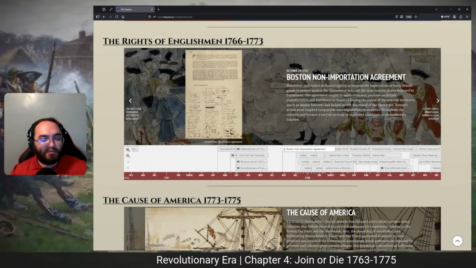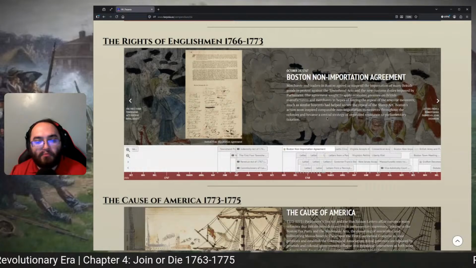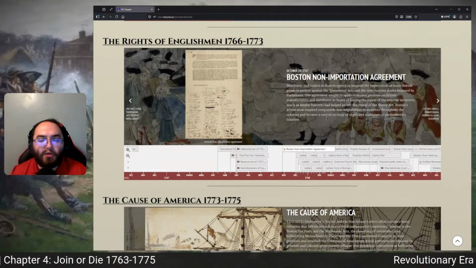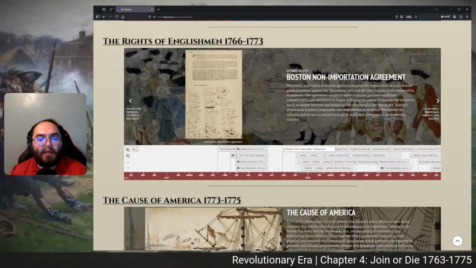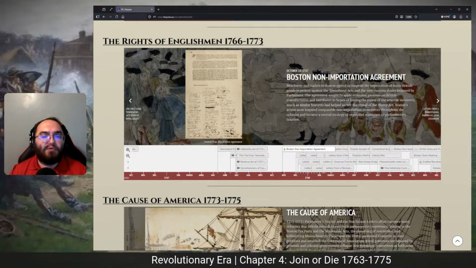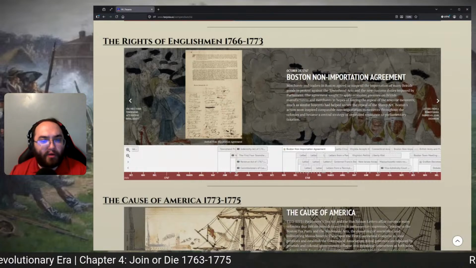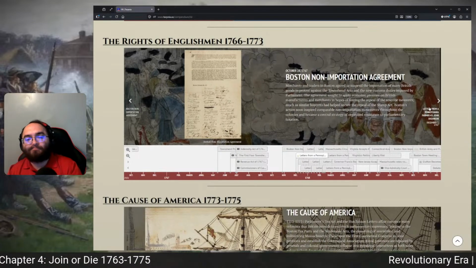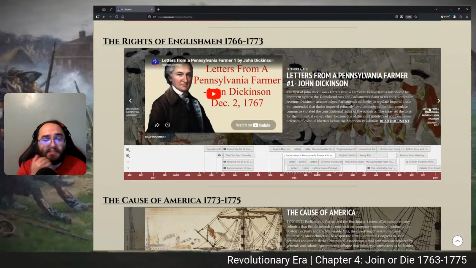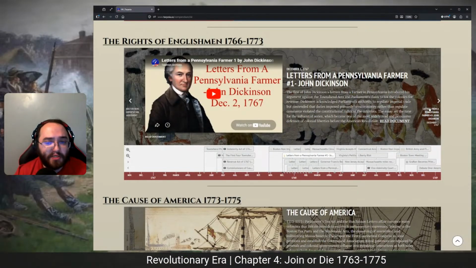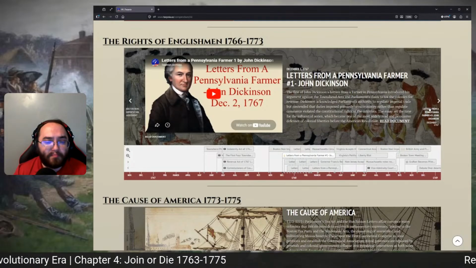And so just like with the Stamp Act crisis, where you have people protesting, mostly New York merchants, now you have Boston. They pass a document, a non-importation agreement, where the merchants of Boston will boycott British goods. Then you have a very famous series of letters written by John Dickinson called Letters from a Pennsylvania Farmer.